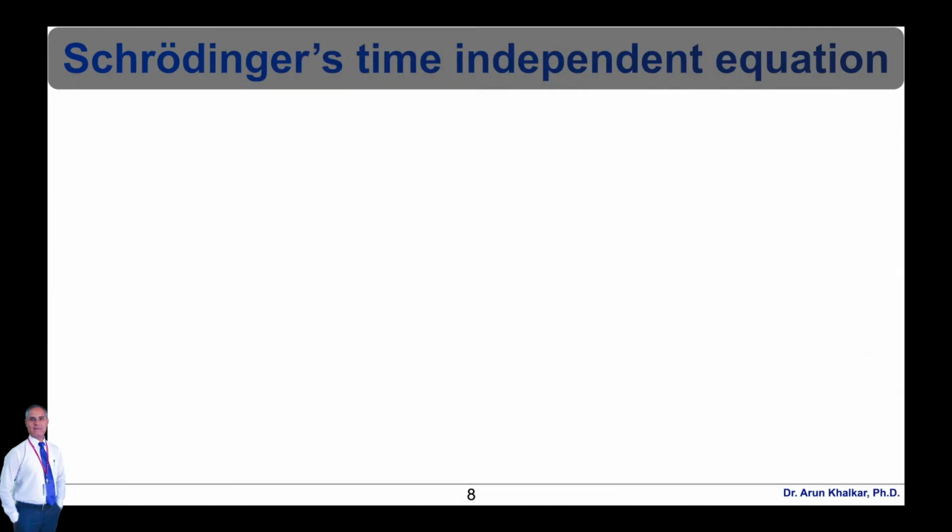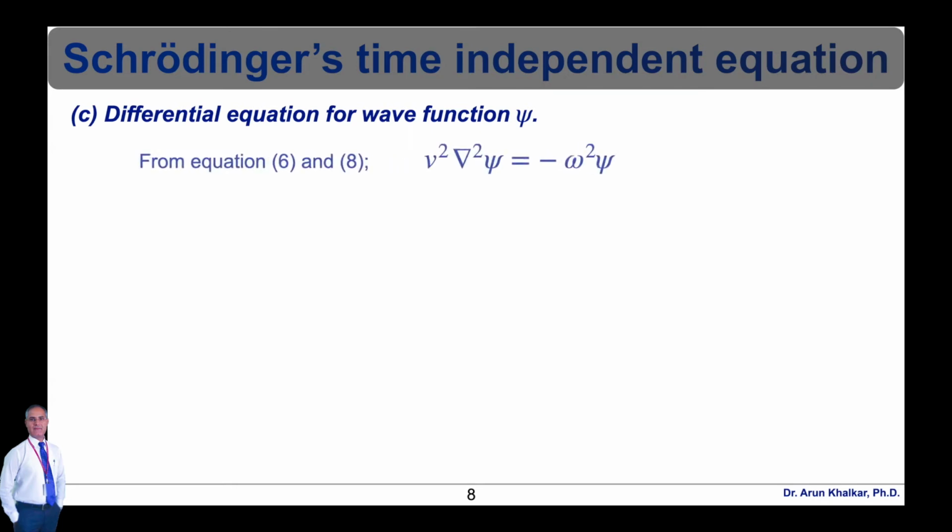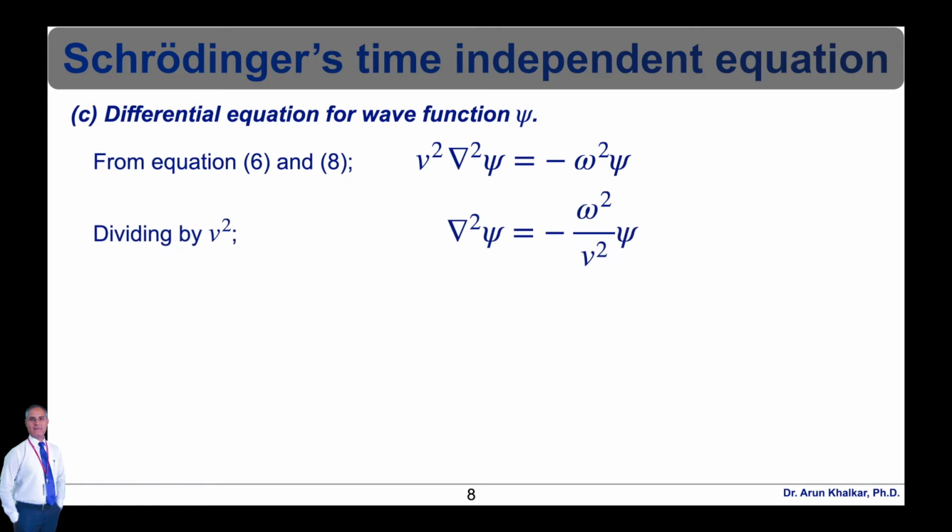As we have seen the differentiation of wave function ψ in equation number 8, now let's see the differential equation for wave function ψ. So from equation number 6 and equation number 8 we can write v²∇²ψ = −ω²ψ. So dividing by v², we can write ∇²ψ = −ω²/v² × ψ.